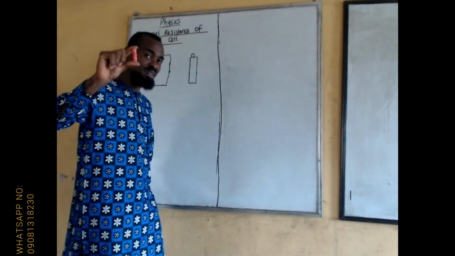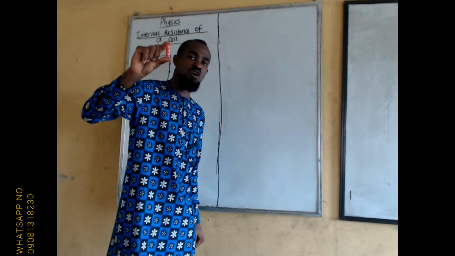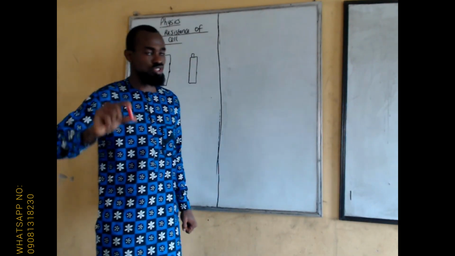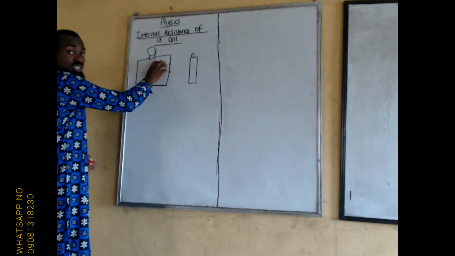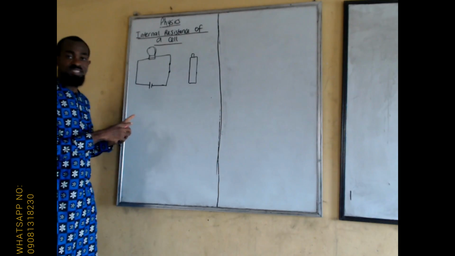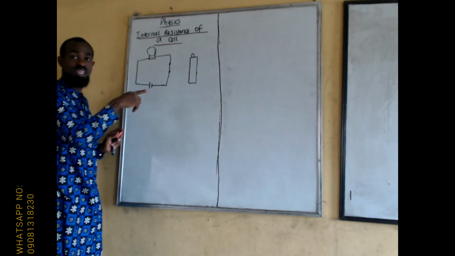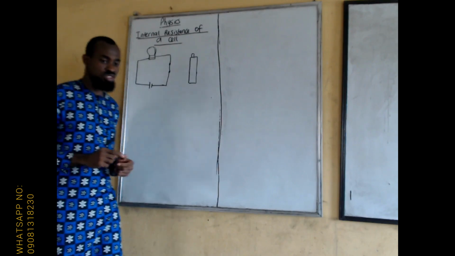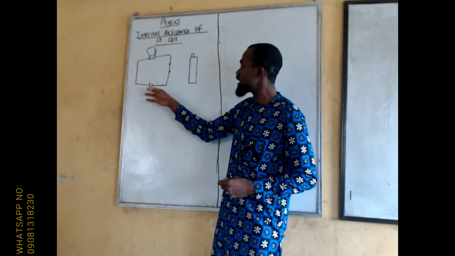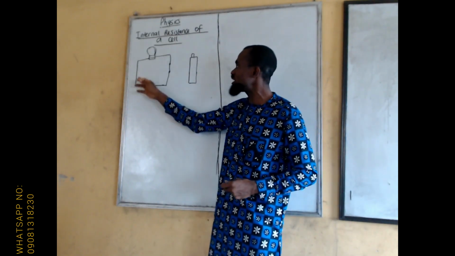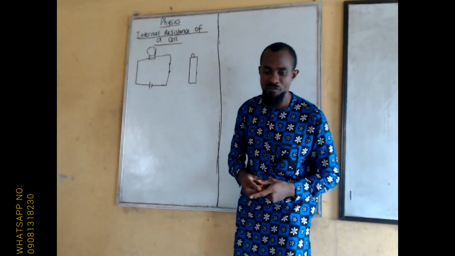Like this one, it has an EMF of 1.5 volts. But the truth is that when you have this circuit, the potential difference across it is not at 1.5 volts.